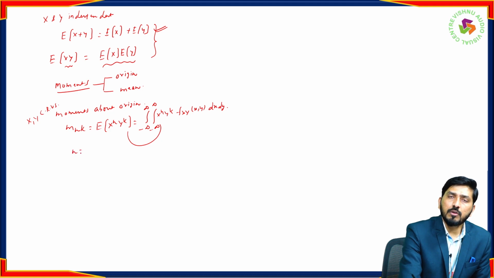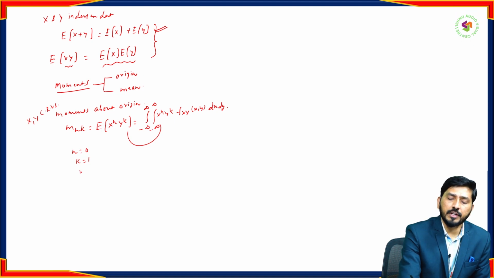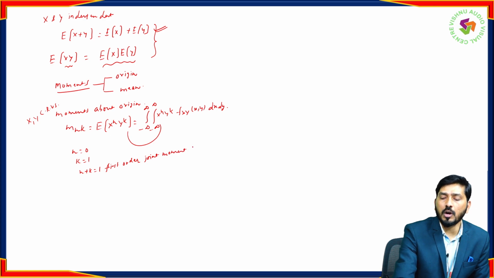If n is equal to 0 and k equal to 1, that is n plus k equal to 1, this is known as the first order joint moment about origin.